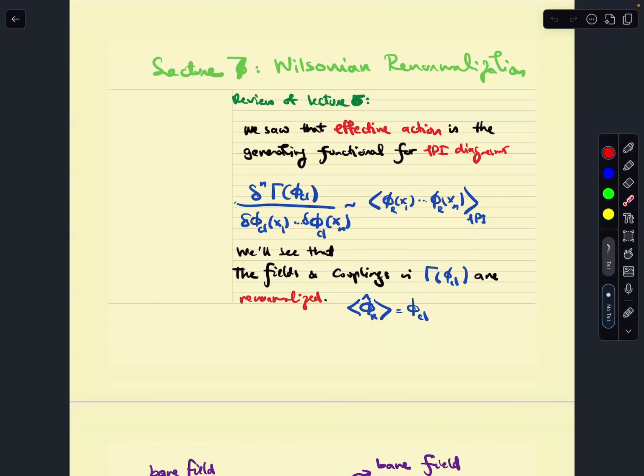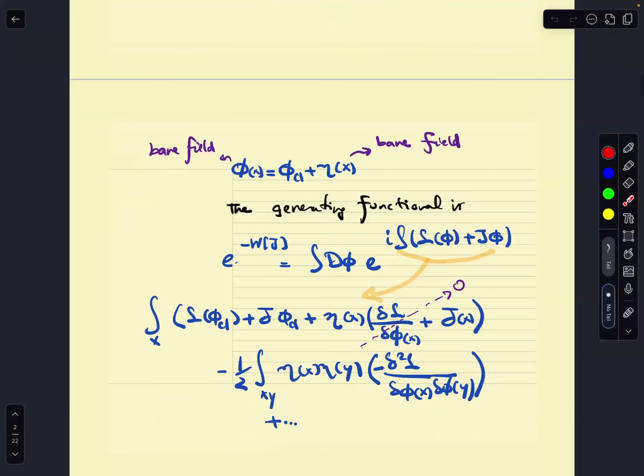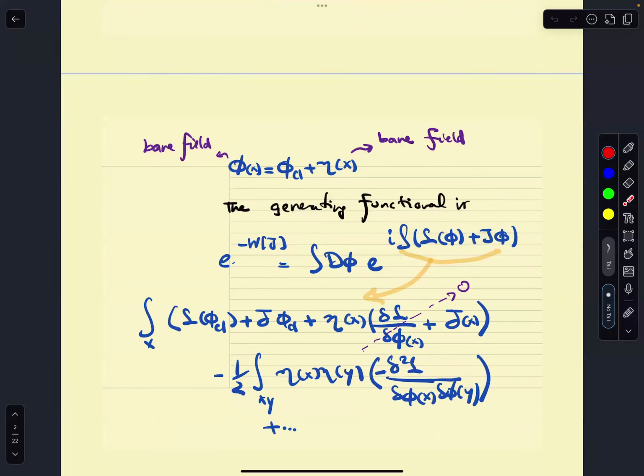We'll see that the fields and couplings in the effective action are renormalized. So when we talk about phi classical, this is the 1-point function. We're going to do renormalization, and we're going to see that phi classical is the 1-point function of the renormalized fields. So that's what we're going to discuss today, among other things.